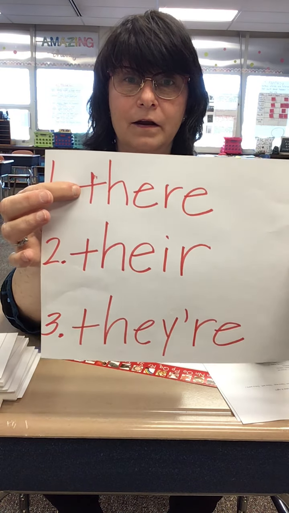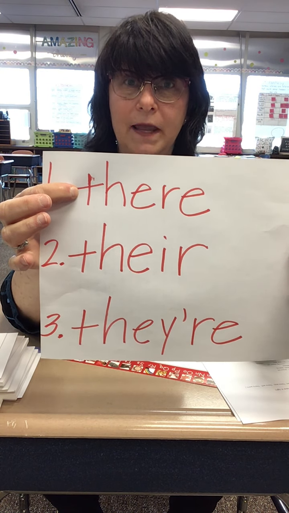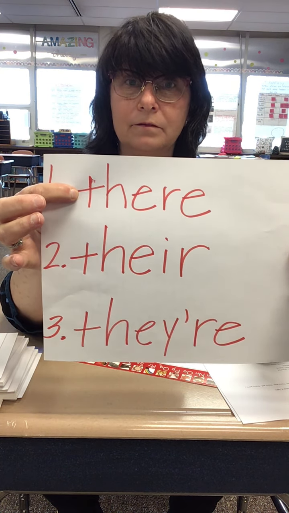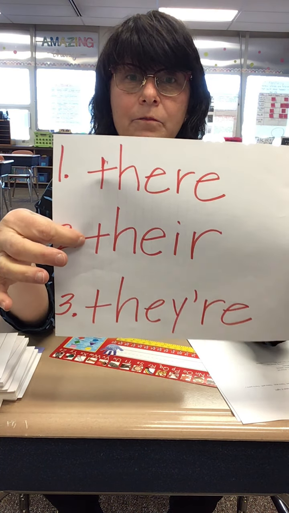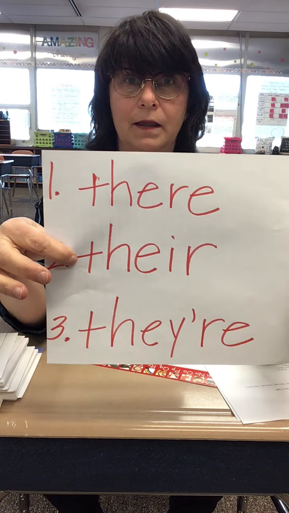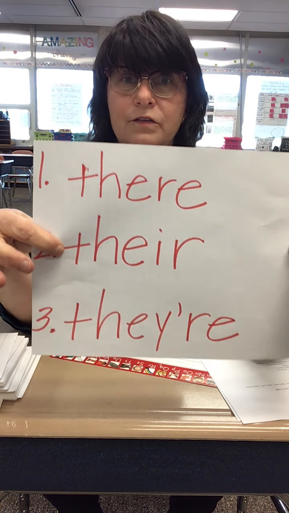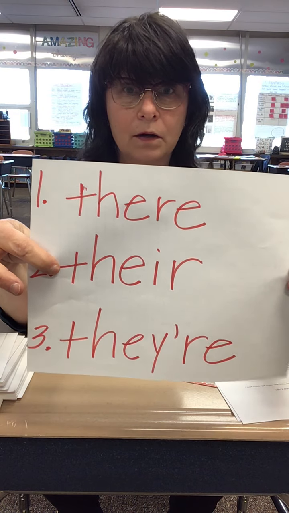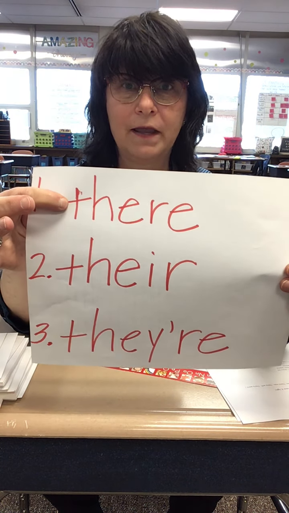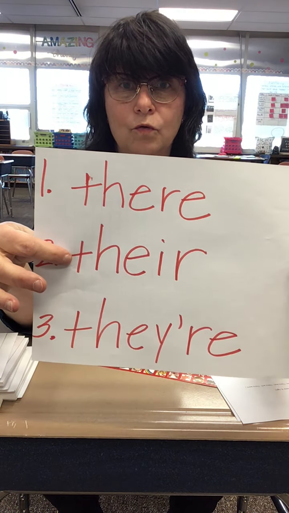This kind of there means a place, like over there. This kind of there means that you own something. It is their house. It is their classroom. It is their shoe. Okay? So a place, and you own something.